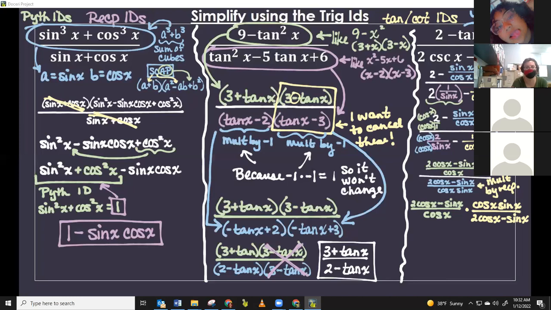I see a couple things I can cross out. 2 cosine x minus sine x, that'll cancel. You guys see anything else that'll cancel? Cosine x is also going to cancel. So what is this fully simplified then? Just sine x. That whole hot mess simplified to just sine x.